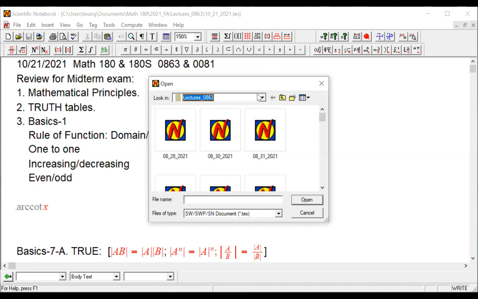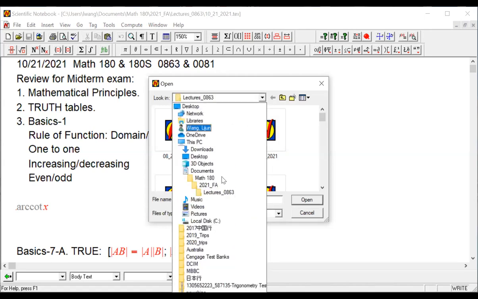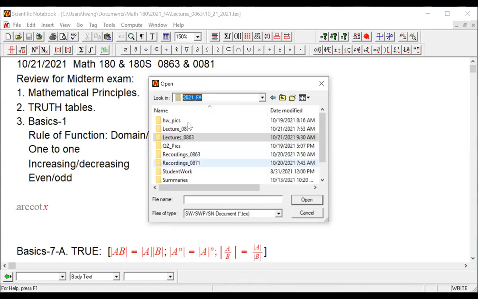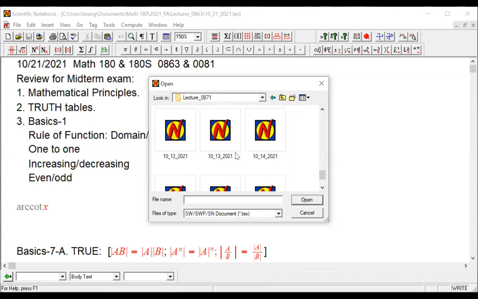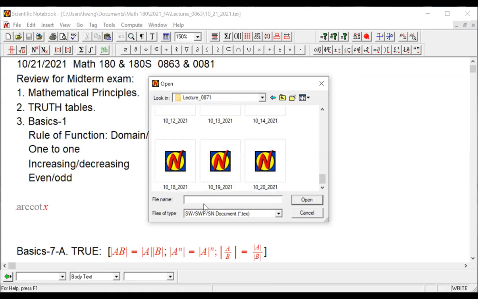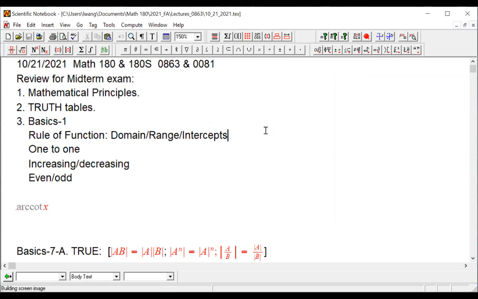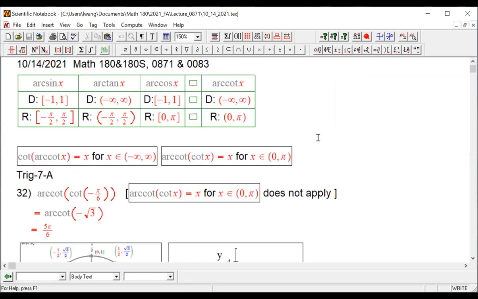where I covered from the other class. I think it's here. Arc cotangent.